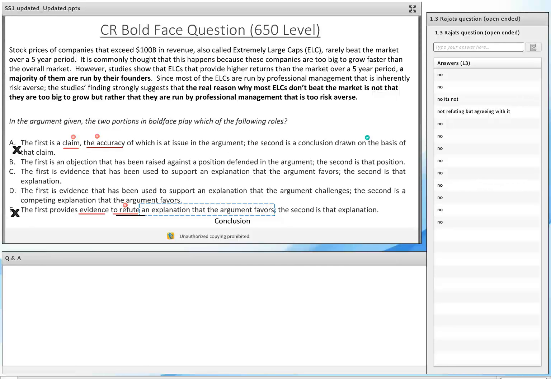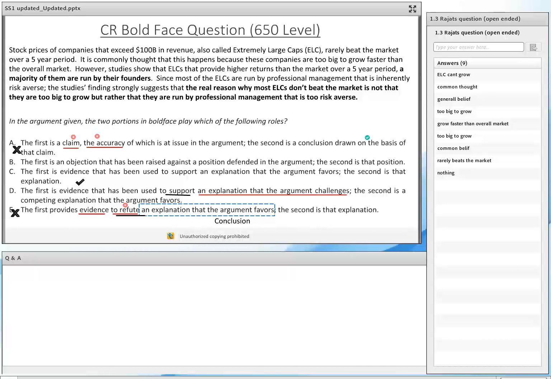Let's look at choice D, D for delta. Choice D says the first is evidence that has been used to support something, an explanation that the argument challenges. Which explanation does the argument challenge, guys? Okay, general belief, too big to grow. Absolutely. Now, my question really is, a majority of them are run by their founders.